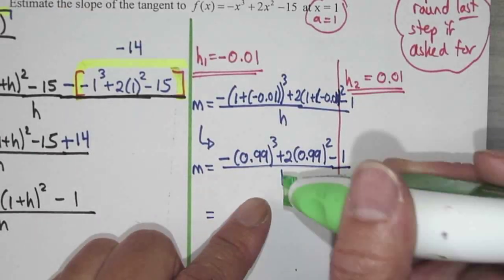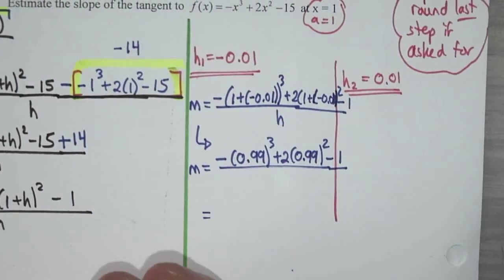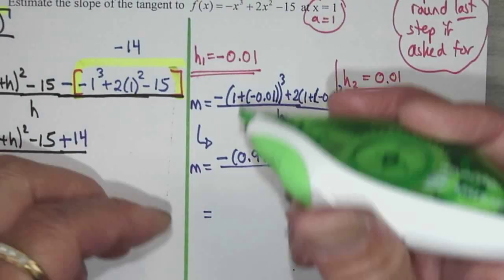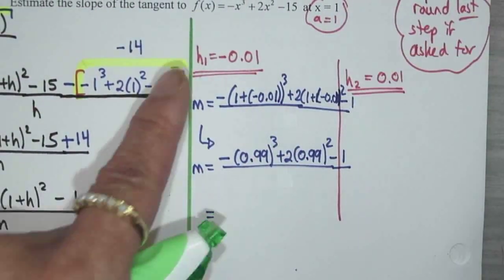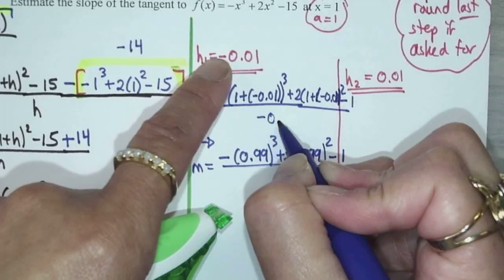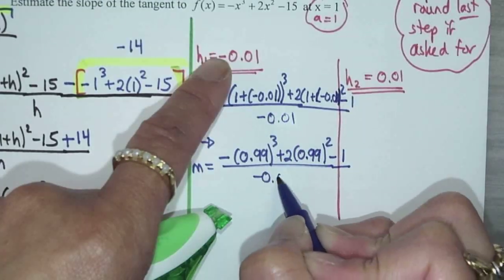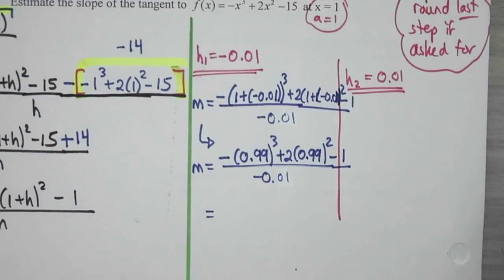Oh, my H, sorry. H is negative 0.01. You plug it into here. Negative 0.01, negative 0.01. So let me just see if I got that right. So this will be negative 0.99 cubed plus 2 times 0.99 squared minus 1.